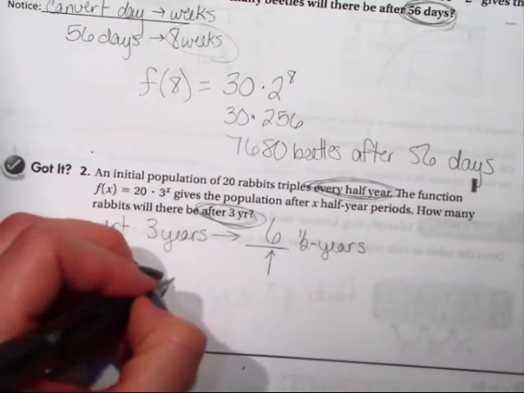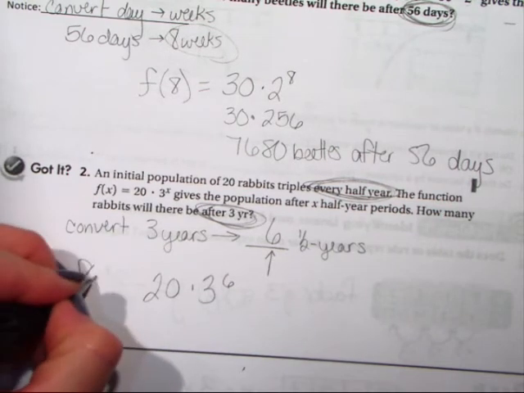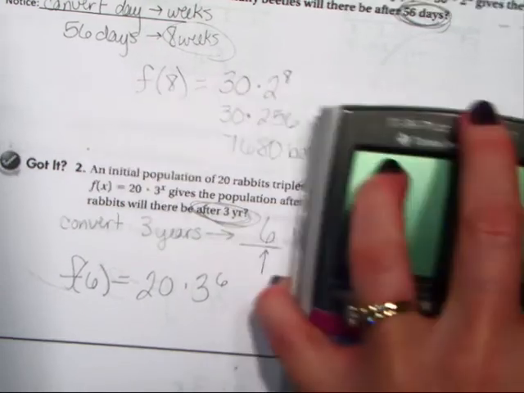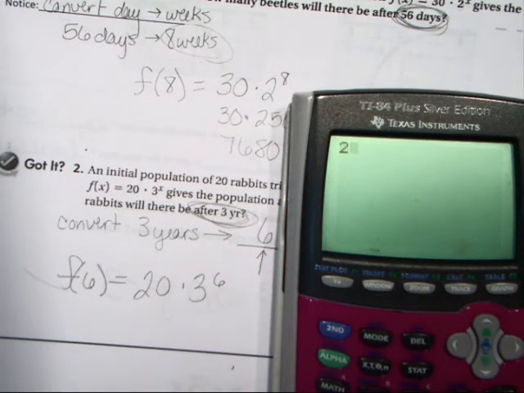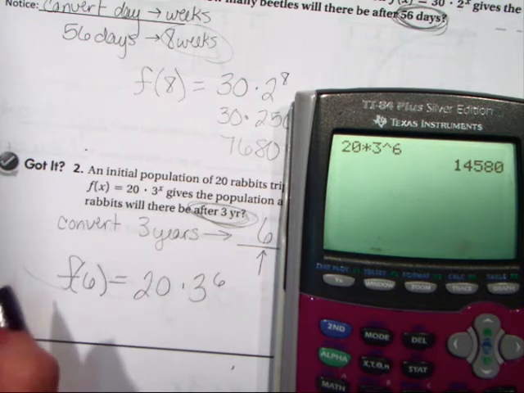So we're going to do 20 times 3 to the 6th power. I'm going to put my little defining thing on here. My function defined at 6. So you can type it in actually all at once. 20 times 3 to the 6th power. And that is how many rabbits there will be after 6 half years, or 3 total years.